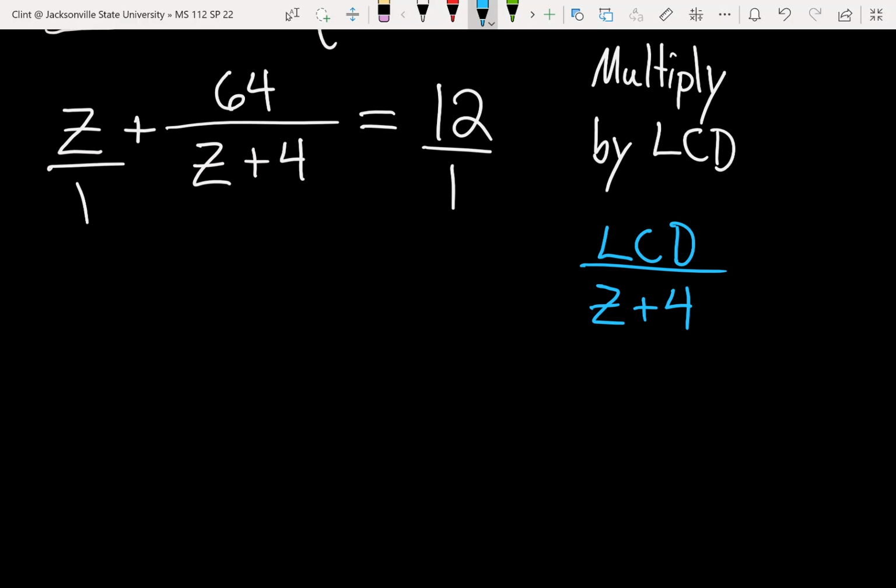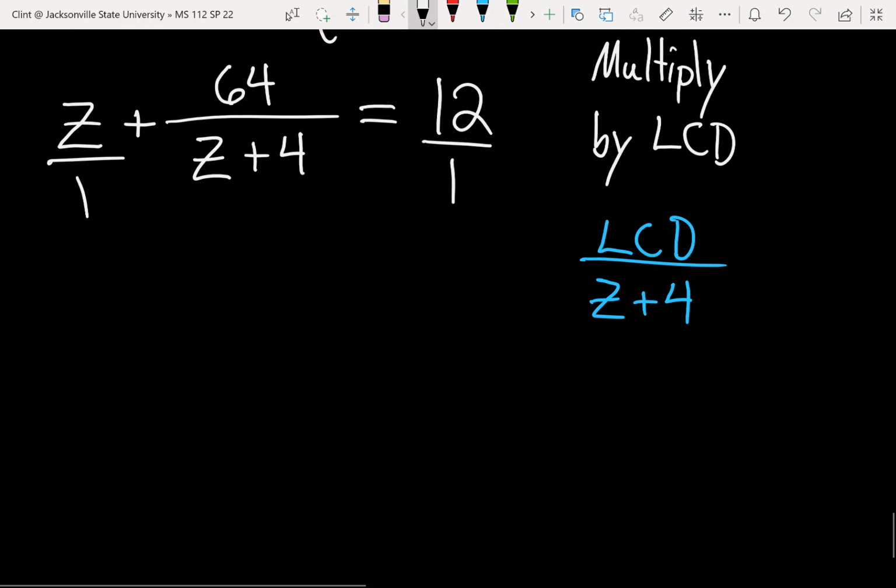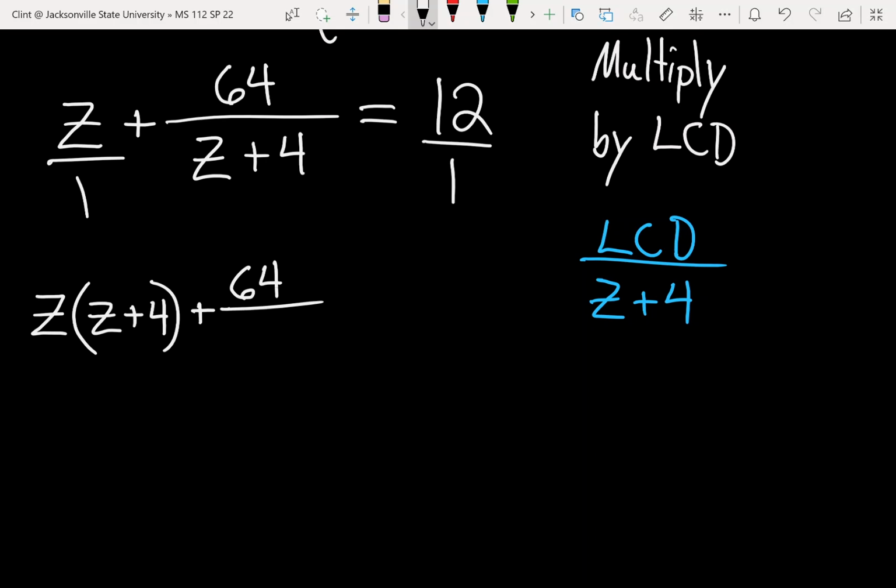So if you actually write that out, it makes it a little long, but I'm going to write it out just so you can see what's happening. If you practice these, you can get comfortable where you don't have to write this step out. So my first term was z. I'll multiply that by z plus 4, plus next term was 64 over z plus 4.